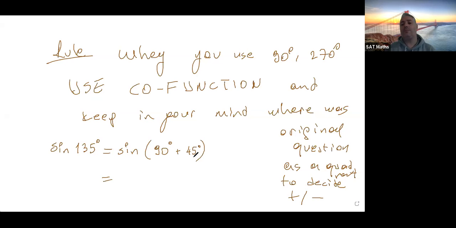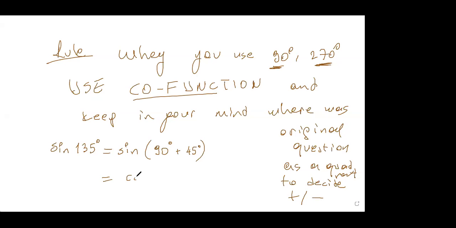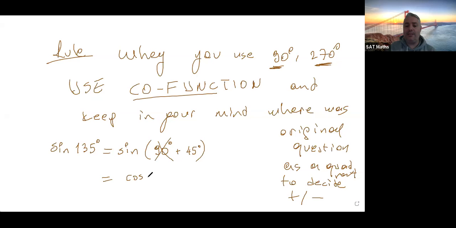So when I use 90 or 270, use cofunction. What is the cofunction of sine? Cosine, right? And forget about this directly, cosine 45. Keep in your mind the original function, where was it? Sine 135, second quadrant. In the second quadrant, sine is positive, so this is positive cosine 45. So the result is √2/2. Finish.